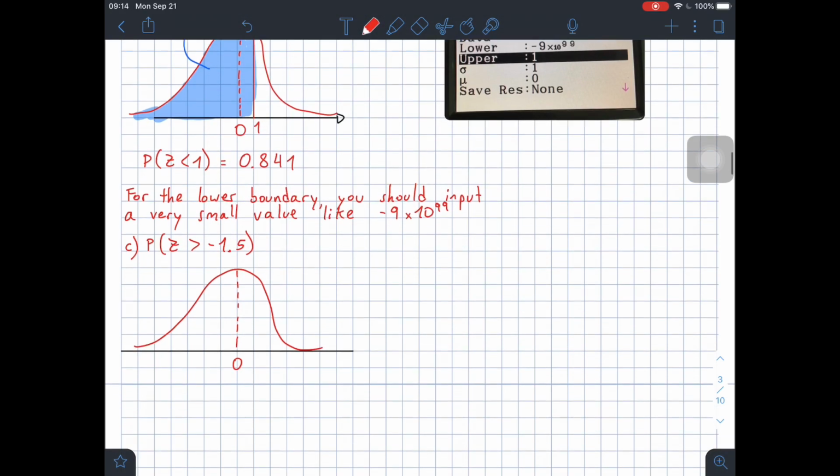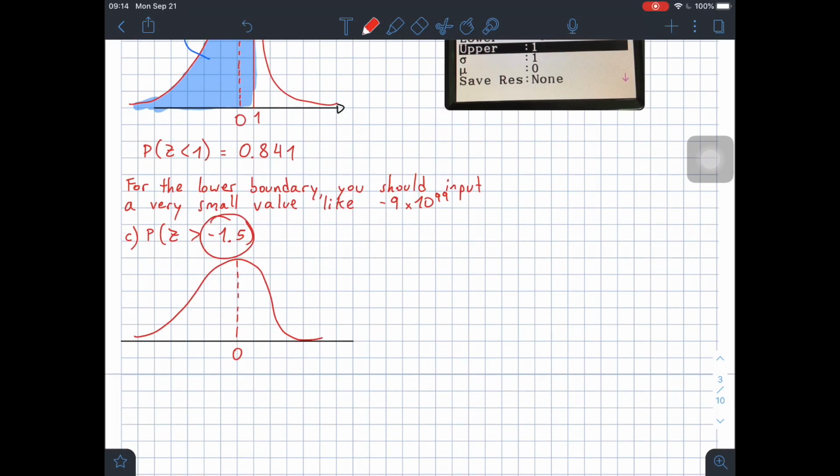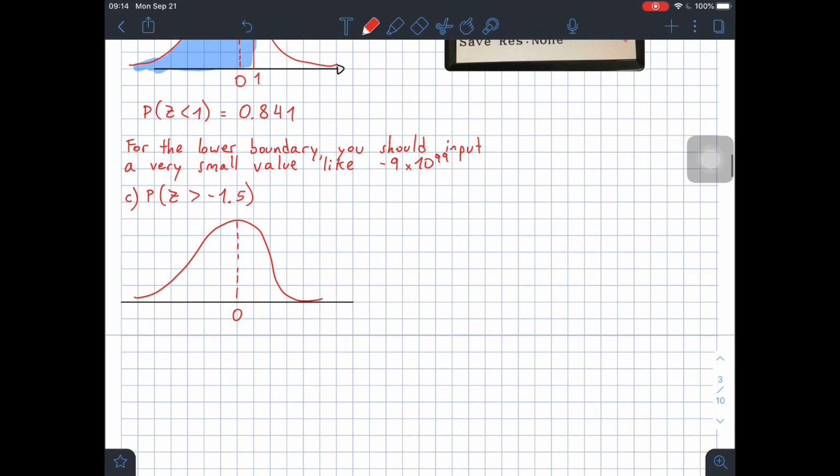So probability of C being greater than -1.5. -1.5 is to the left of 0, so it'll be somewhere maybe right here. This is only a sketch. It doesn't matter where you place this. So if we want C to be greater than -1.5, then we're shading all the region to the right of -1.5, right? We want it to be greater than.